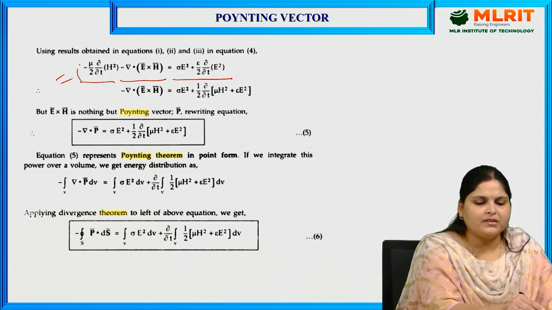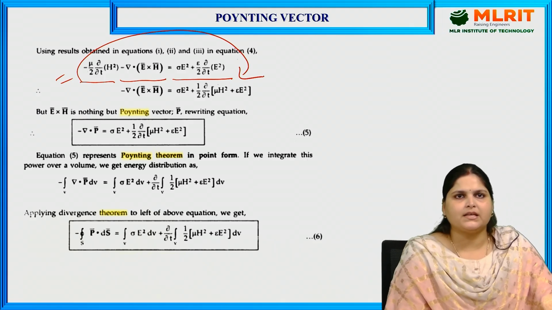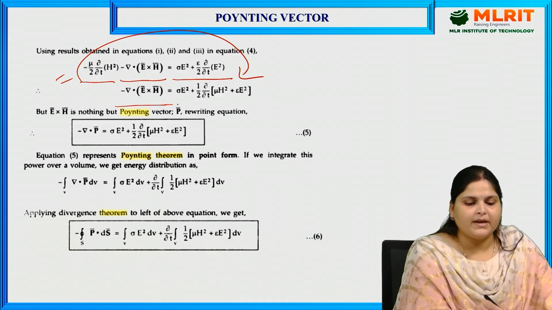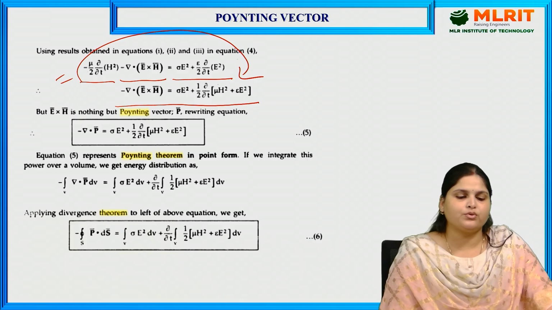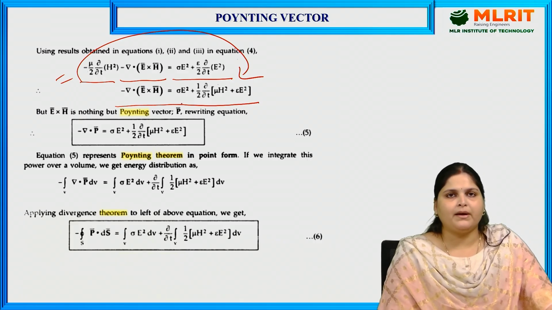Then we bring this term to the other side, and this becomes minus ∇·(E×H) equals σE² plus 1/2 ∂/∂t of (μH² plus εE²).